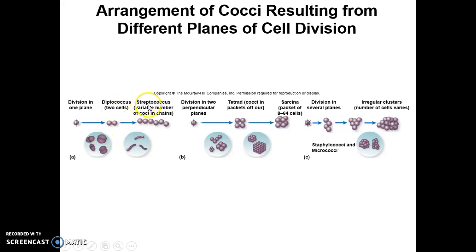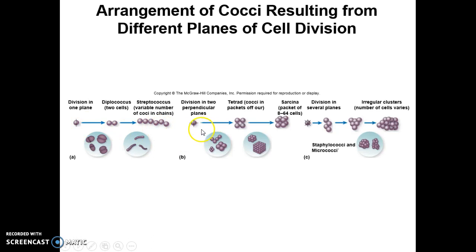Now, Streptococcus is going to be chains of cocci. If it was Streptobacillus, then it would be chains of the rod cells. So these are all going to be in a single plane: the individual cells, Diplococcus, Streptococcus.